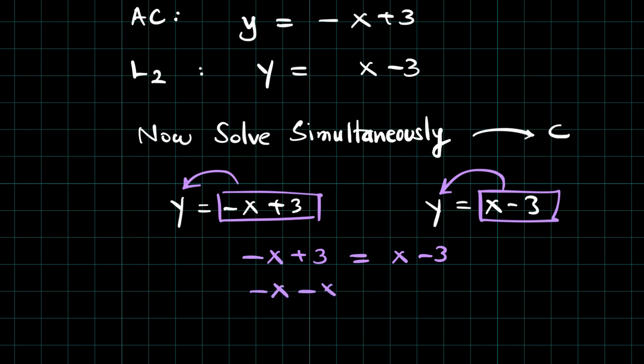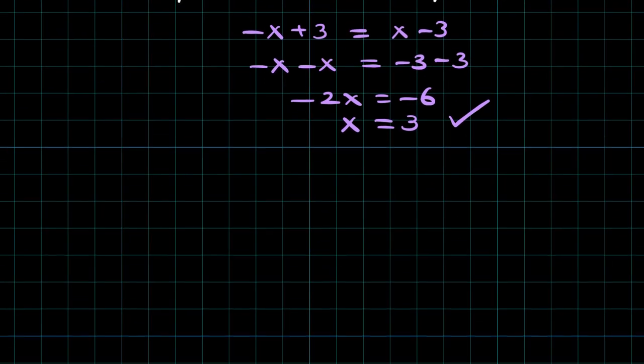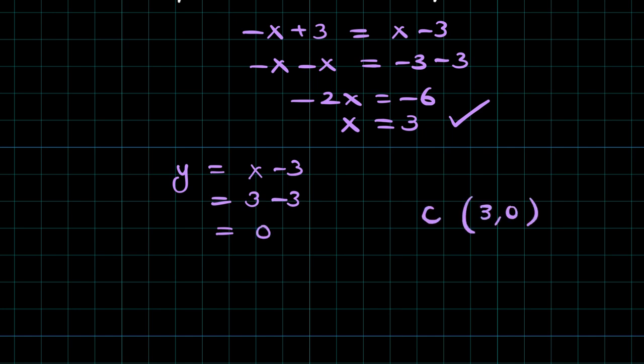Negative x minus x equals negative 3 minus 3, so negative 2x equals negative 6. Make x the subject. That comes out to be 3. So the x coordinate of C is 3. Plug into any equation: y equals x minus 3, y equals 3 minus 3, which comes out to be 0. Therefore, the coordinate of C is (3, 0).